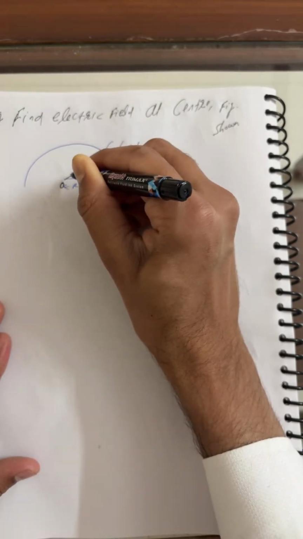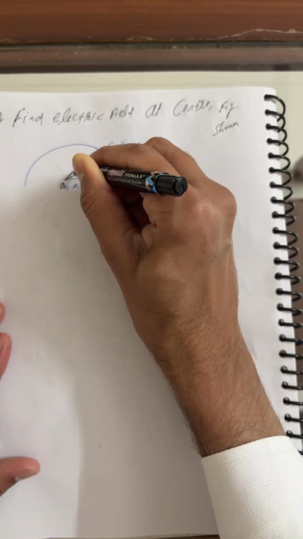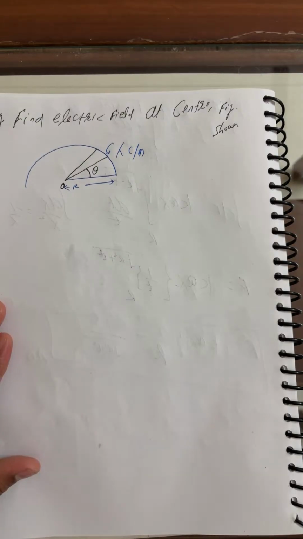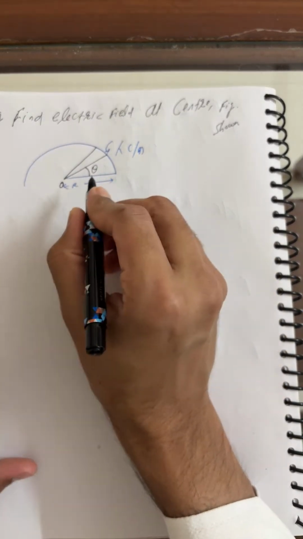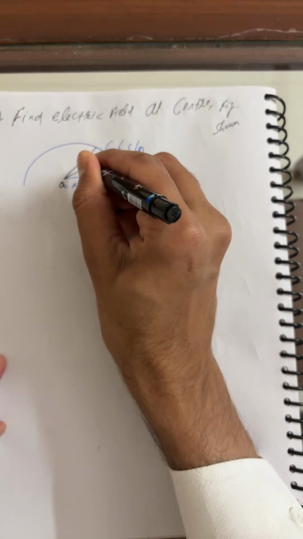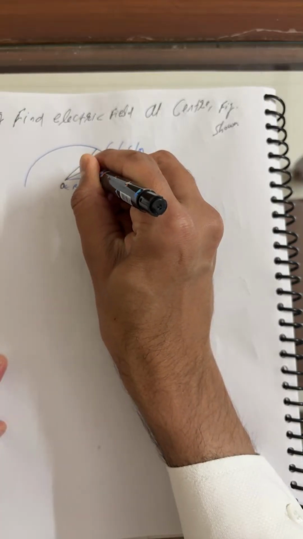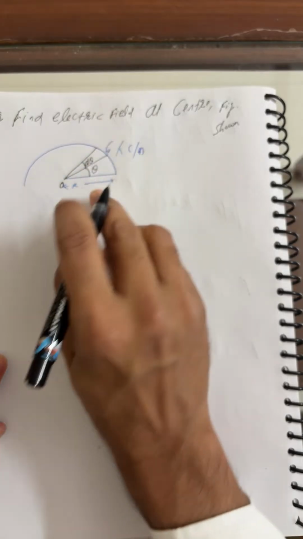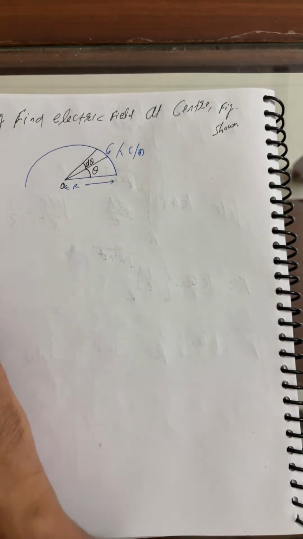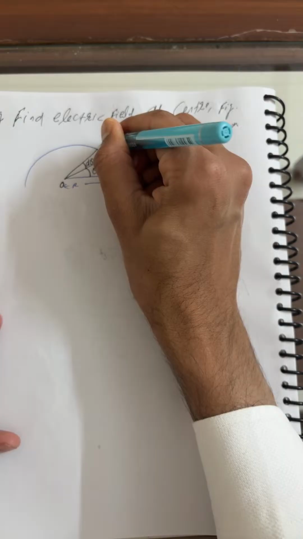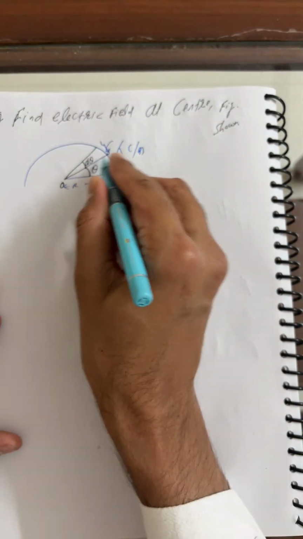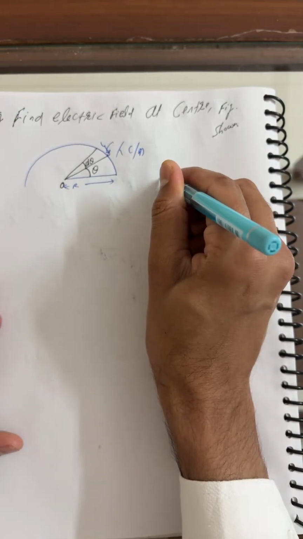I'll go slow here, it's highly important. You have to move theta for a ring. Take the element d theta. This is highly required here. Now students, you have to write what the arc length is. To get the arc length, which formula can I apply?